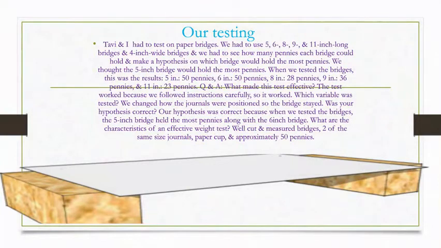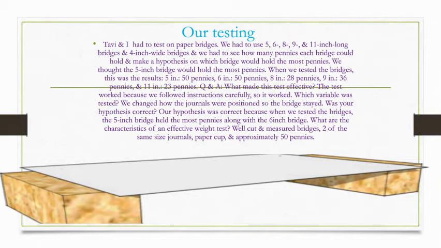We thought the 5-inch bridge would hold the most pennies. When we tested the bridges, this was the result. 5 inches, 50 pennies. 6 inches, 50 pennies. 8 inches, 28 pennies. 9 inches, 36 pennies. And 11 inches, 23 pennies.